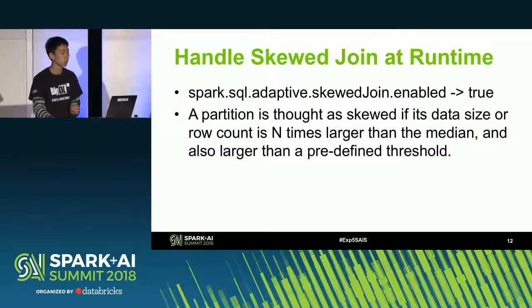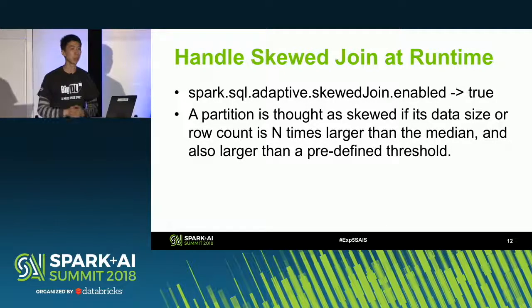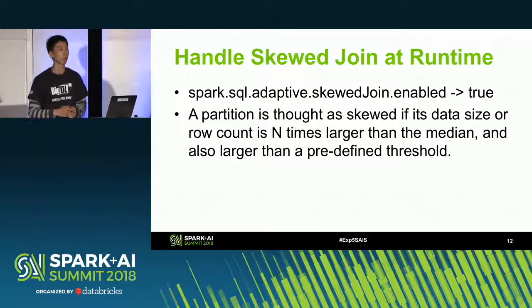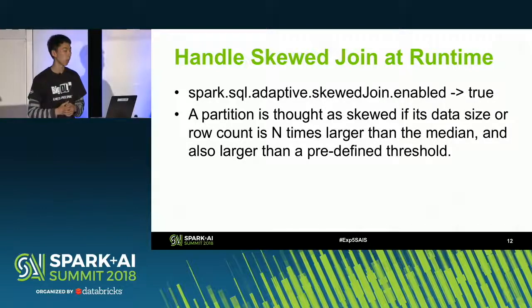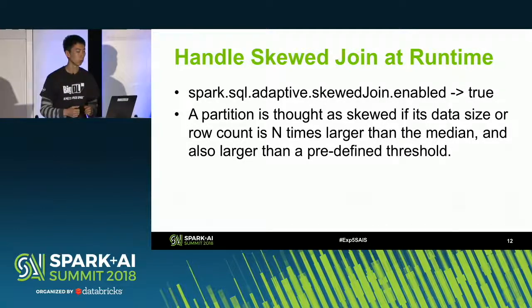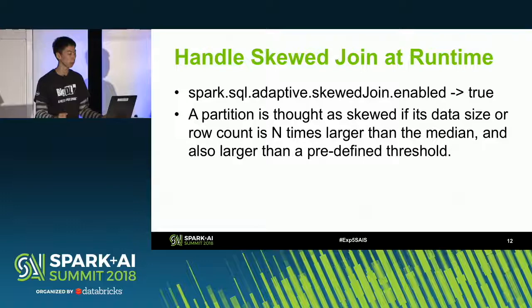All right, the third feature in adaptive execution is to handle skewed join automatically. This can be enabled separately, and there are also a few configurations to control the behavior. Currently, a partition is considered a skewed partition if its data size or row count is n times larger than the median, and also larger than a predefined threshold.